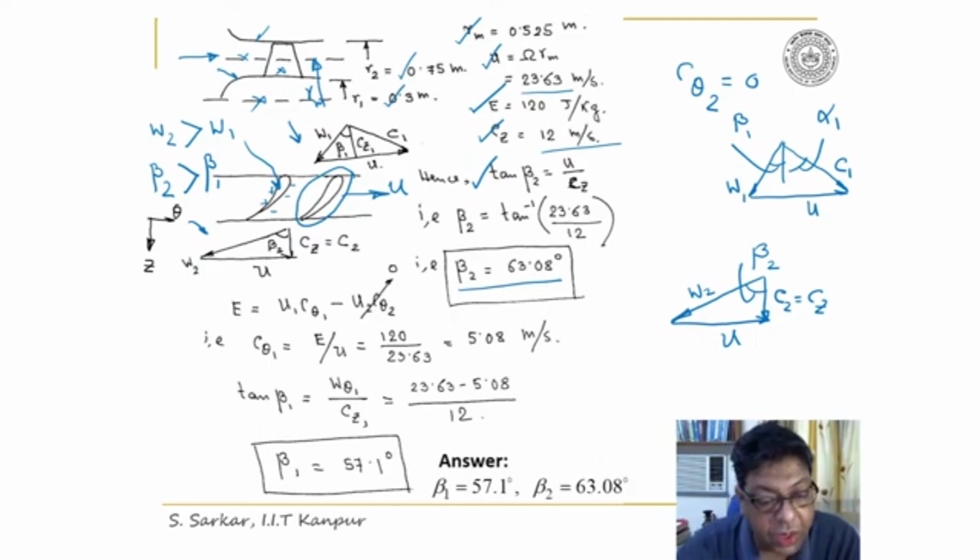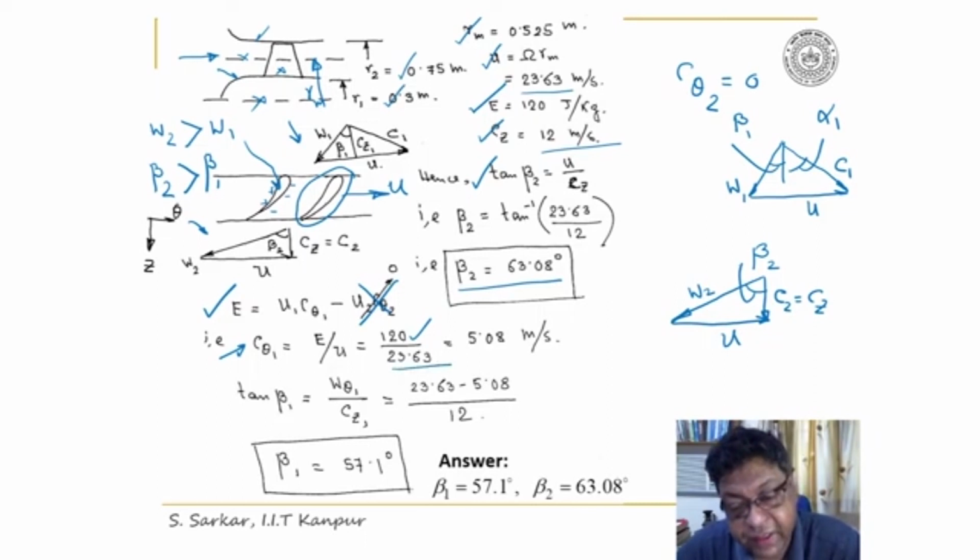Now let me go to the Euler work E. E is equal to U1 C theta 1 minus U2 C theta 2 here for a turbine. And so this part will be 0 because C theta 2 is equal to 0. So from Euler work, I can get C theta 1 is equal to E by U, E 120, and U is 23.63.